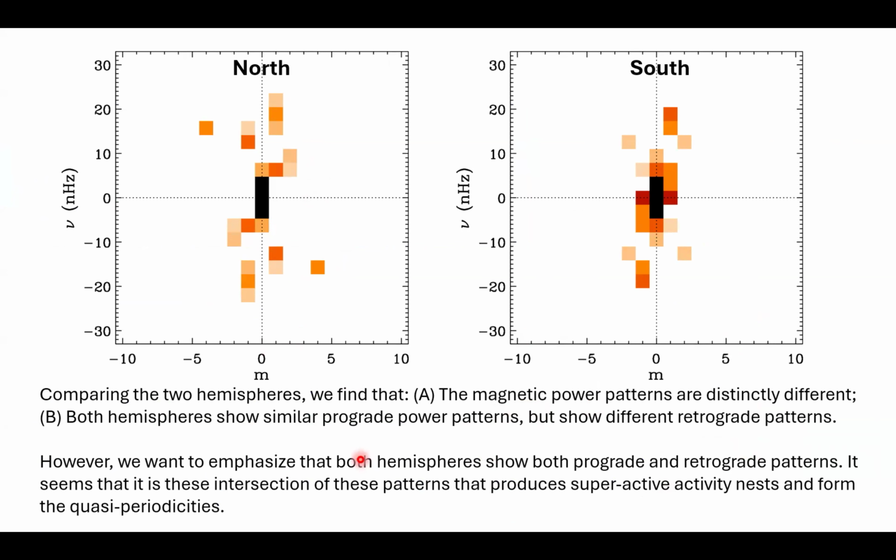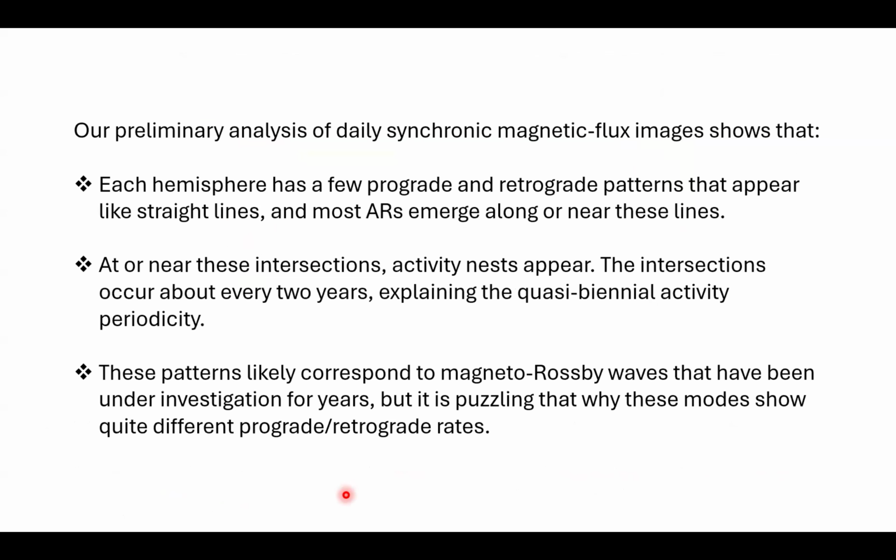The key point I want to emphasize is that both hemispheres have both prograde and retrograde patterns, and at the intersections of these patterns, we will have super active nests, and these nests have quasi periodicities.